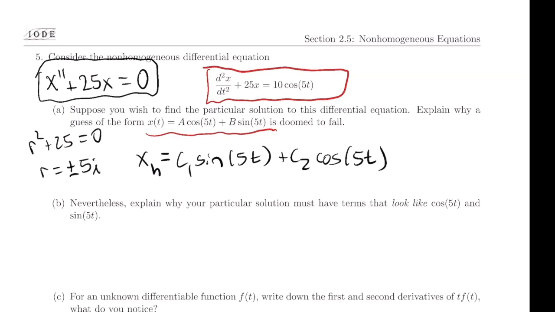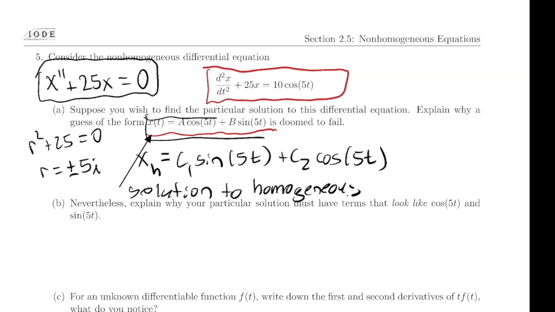And so the guess here is actually a general solution to the homogeneous differential equation. So that means if I were to take this guess and plug it into this differential equation, since it's a homogeneous solution, on the left side we're definitely going to get 0.